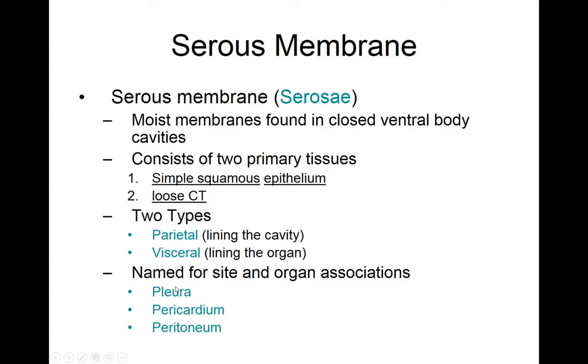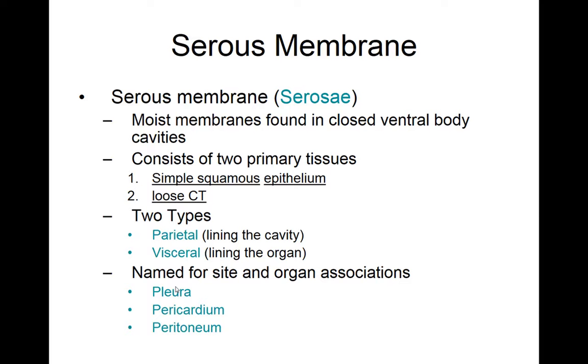And then the last one is our serous membranes, or sometimes we call these serosa. These are our membranes that are found in our closed body cavities. And there's two tissues in our serous membranes, and this is something we looked at in lab on Monday. There's a simple squamous epithelium. What's the function of all simple epithelium? Absorption, secretion, filtration.